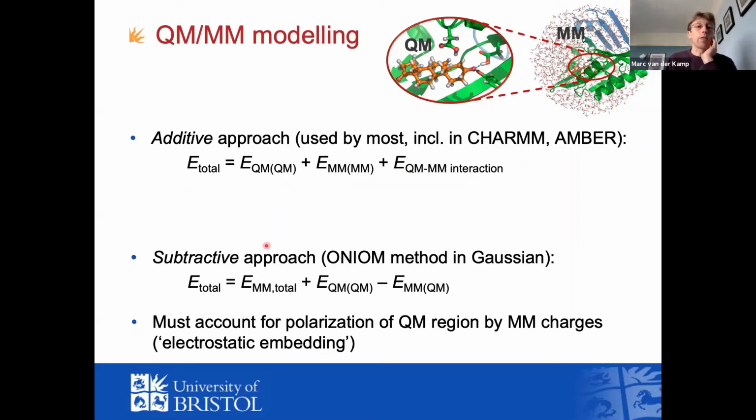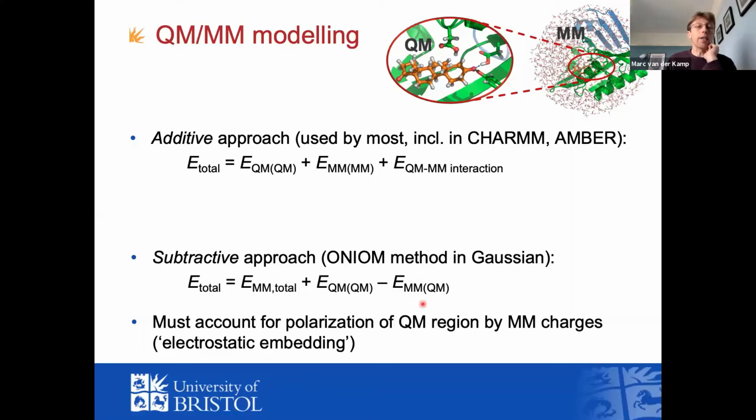That is in contrast with the subtractive approach, which is really known because it is the approach used by ONIOM in Gaussian, where we take the MM energy of the total system and then add the QM energy of just the QM system and then subtract the MM energy of the QM region.